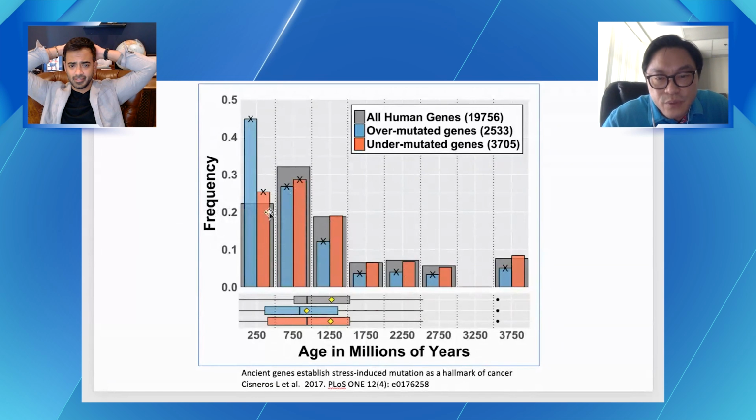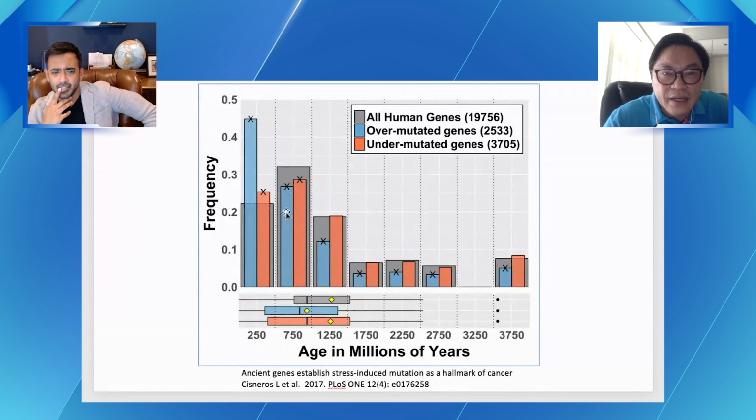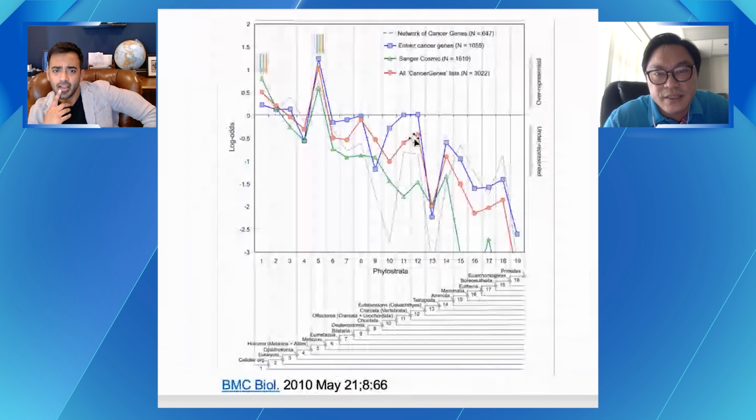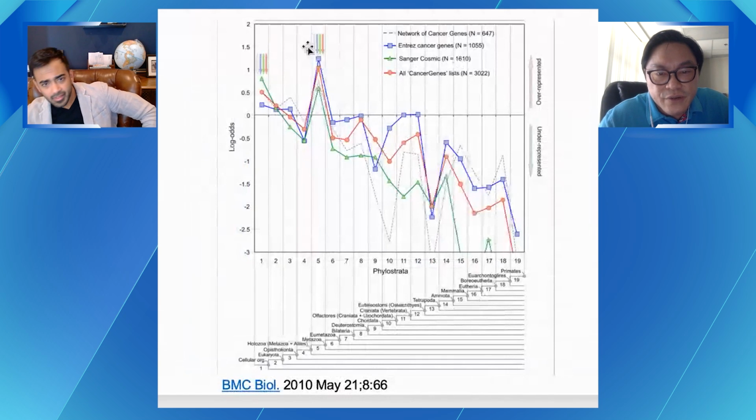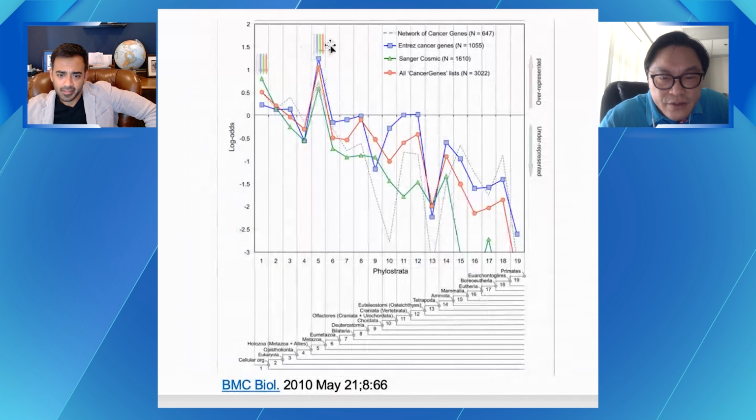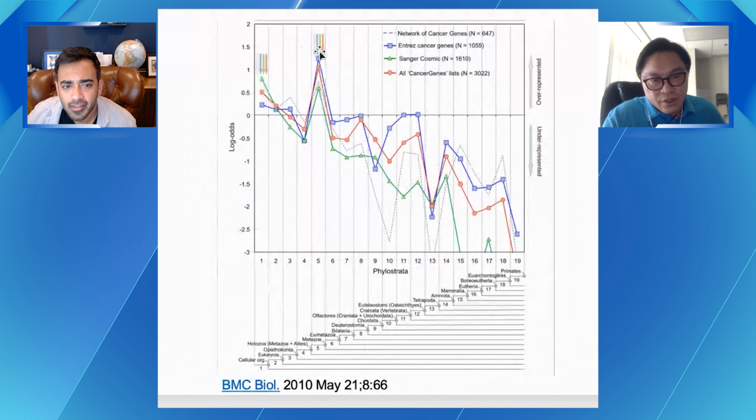Same thing here, you break it down into phylostrata, and whether you look at Sanger Cosmic, that giant database, and you look at where all the gene mutations happen, it's all right here in the very early strata. So these are unicellular genes, and this is the transition right here. Again, another study, this was from 2016.